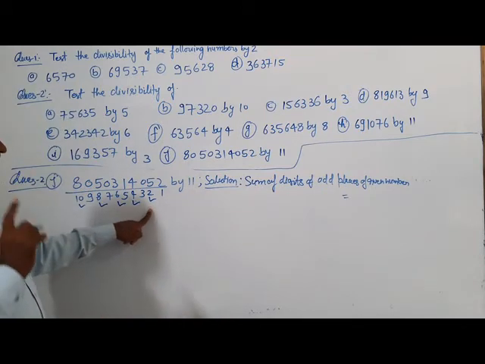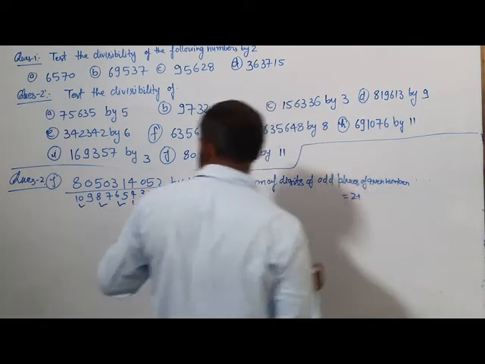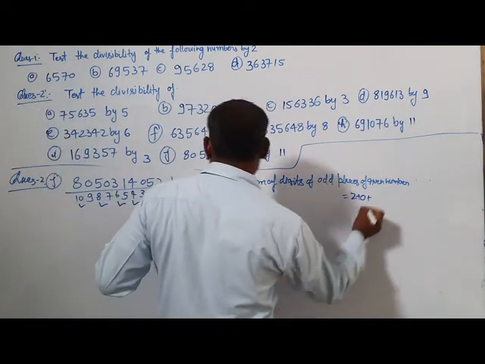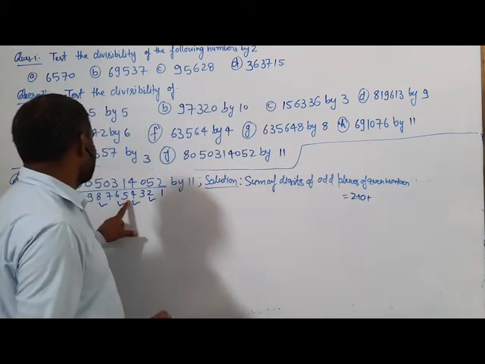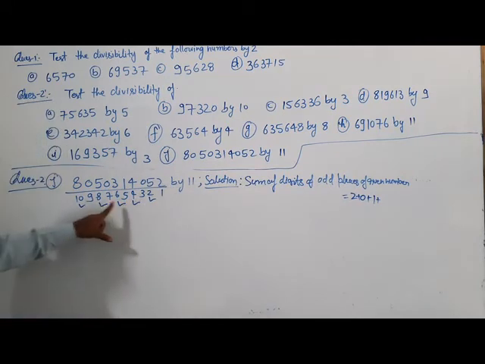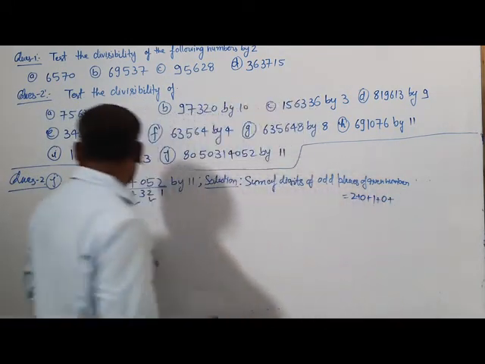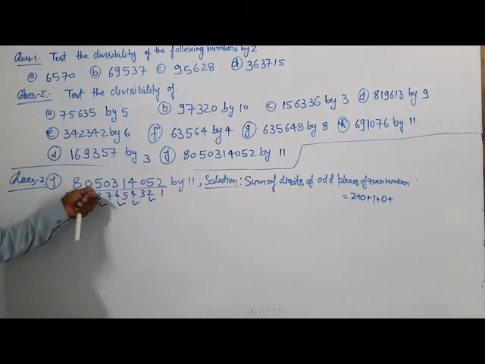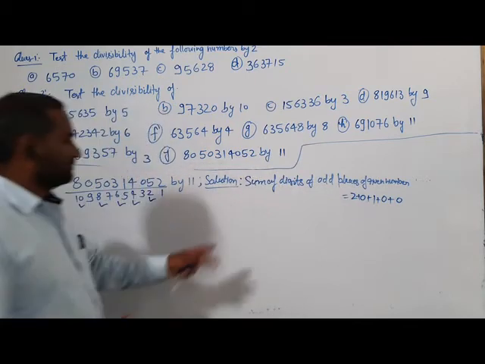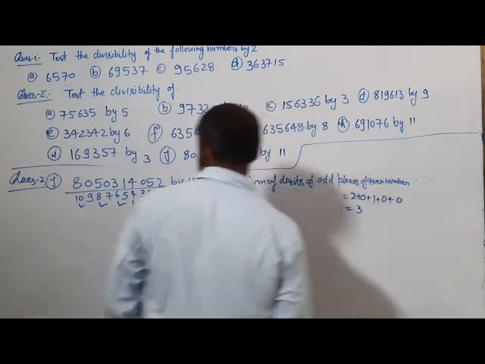The odd places: first is 8, 8 plus 5 plus 3 plus 4 plus 5, which is 25.